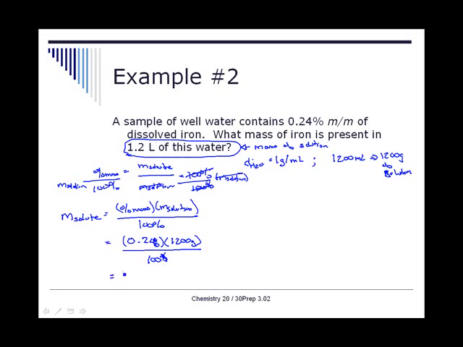And once you run everything through, 2.88 grams. And this is the mass of iron in 1.2 liters of well water from this particular well.